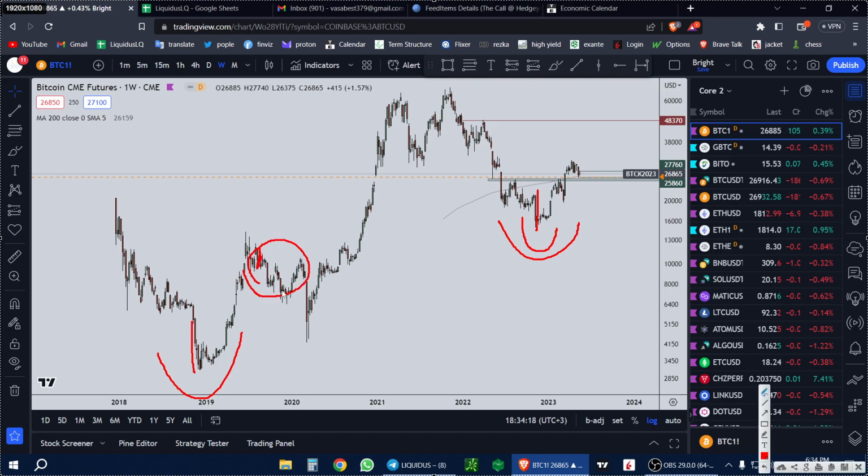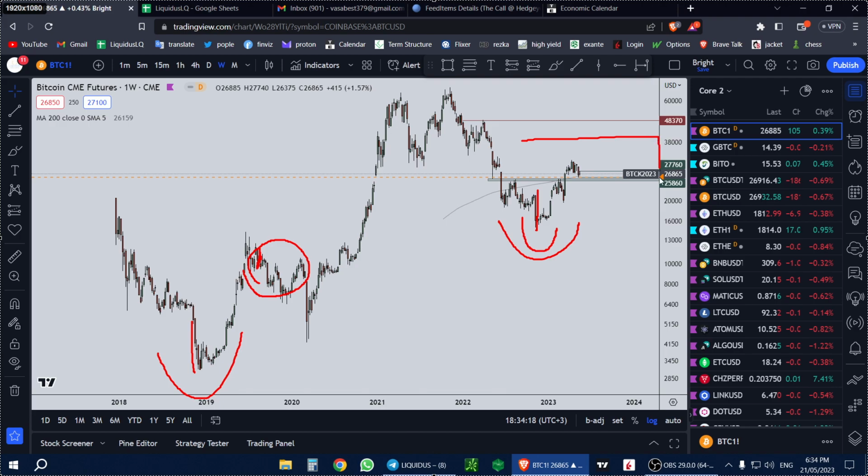This is what awaits us, this prolonged, very boring consolidation. It's the reality, and we may stay here for the next 8, 9 months. It's perfectly possible. I think 6 to 9 months is a good call.